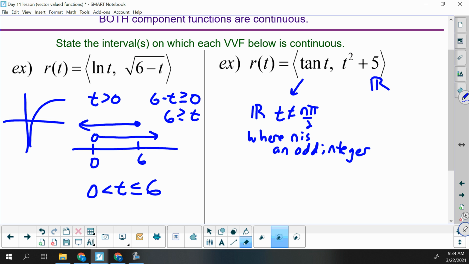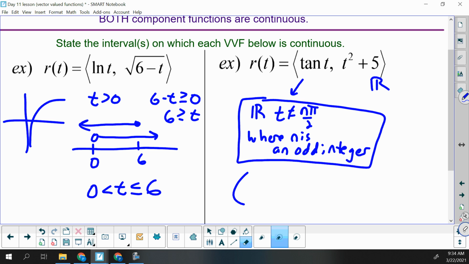So for where this is continuous, you could either say it like this, that would be fine, or you could write it as an interval. You could say n pi over 2, comma. If we were, say, at 1 pi over 2, we would want to jump 2 pi over 2's to the next one to 3 pi over 2.